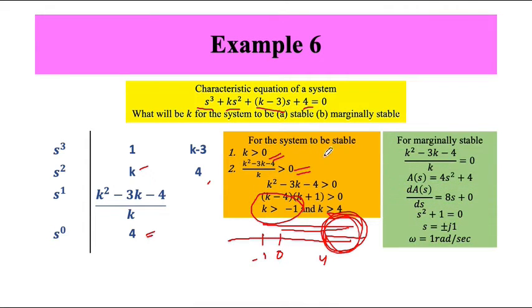Now part B. So for marginally stable, this term will be 0. If I consider this term to be 0, then this entire row will be 0, so I will take the auxiliary equation, that is S squared, it will be 4s square plus 4.